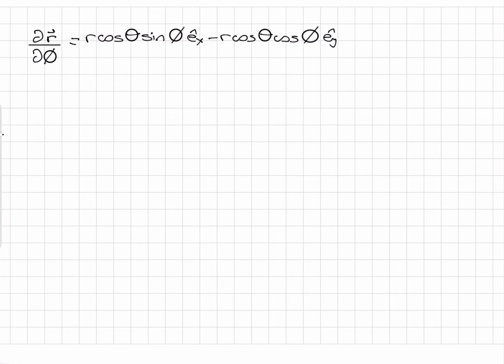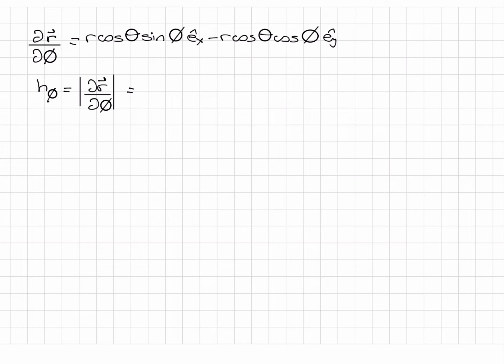Okay. Now to find the scale factor, I have to look at the magnitude of this vector, the magnitude of del r del phi. Here I have a common term, r cosine theta.